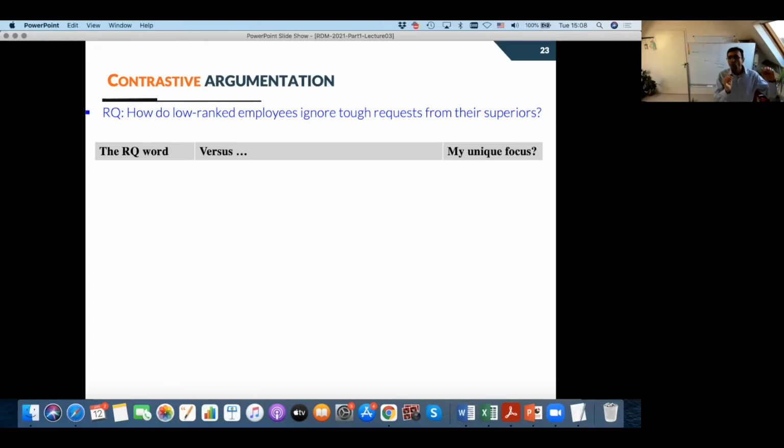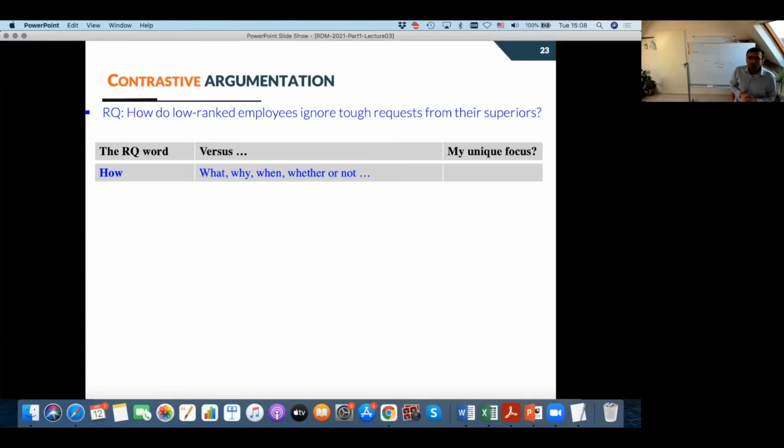I mean, it's not a very theory-informed research question, just for this practice. I put "how," and then alternatives are what, why, when, whether or not, under which conditions.